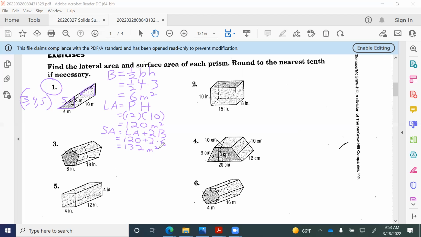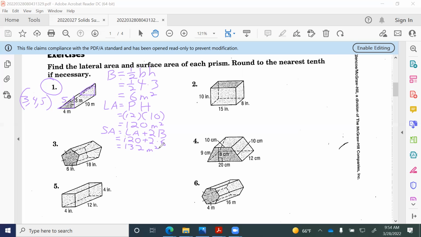Trapezoid. So when we do the base area, we're going to do the 1/2 B1 plus B2 times H. So again, each time you do these, your base is the part that's changing. All the other stuff, finding lateral area, finding surface area, that part stays the same in each of these problems.